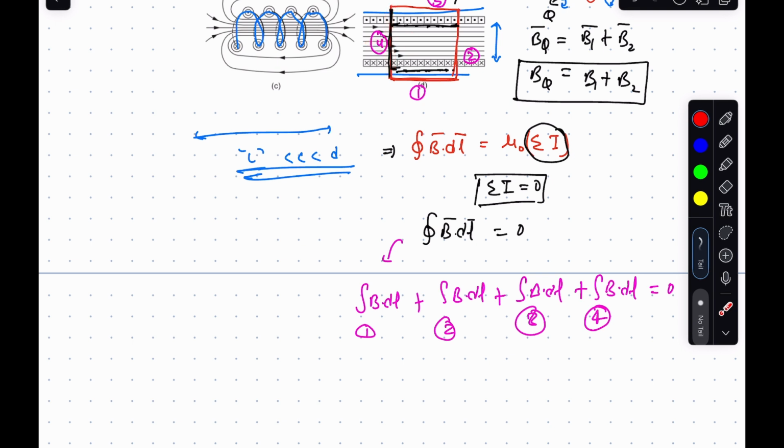So for the second and fourth, the integration of B·dl is anyway 0. It doesn't matter whether the magnetic field is 0 or not. So this becomes 0 and this becomes 0.